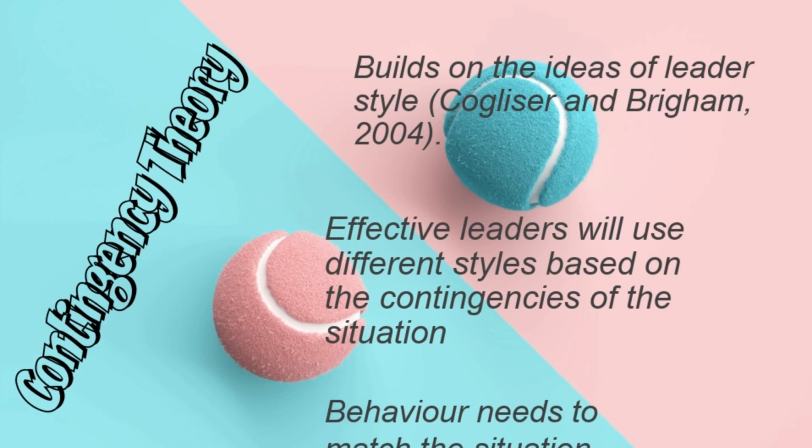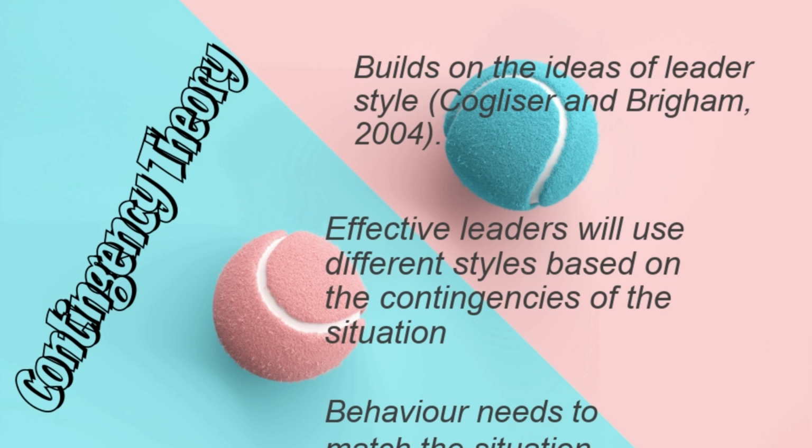In response to the weaknesses found in earlier research on leadership behaviours and effectiveness, scholars began to move toward what's known as contingency theory. This shift was an effort to overcome the limitations of behavioural theories, which often failed to explain why some leadership styles worked in one context but not in another (Cogliser and Brigham, 2004).